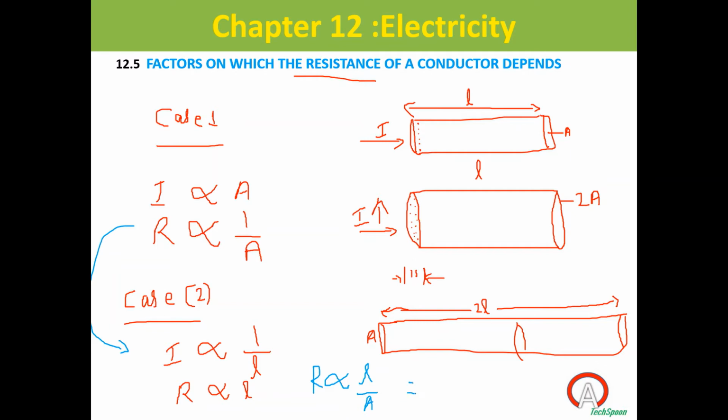Proportionality symbols we can change using a constant: R is equal to rho L by A. Here rho is a constant. That rho we will call the resistivity of the conductor. Rho is resistivity. So R is equal to rho L by A.